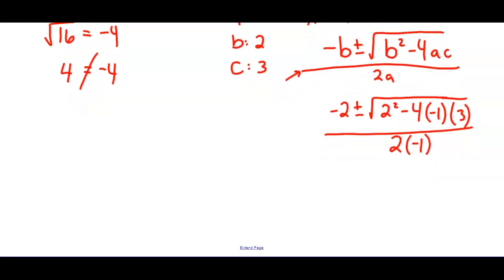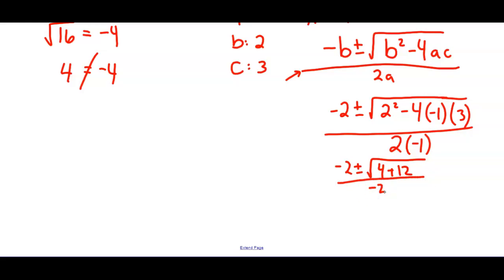Let's do the math. We get -2 plus or minus the square root of 4. -4 times -1 is +4. +4 times 3 is 12. +12, so that turns to a plus sign, divided by -2.